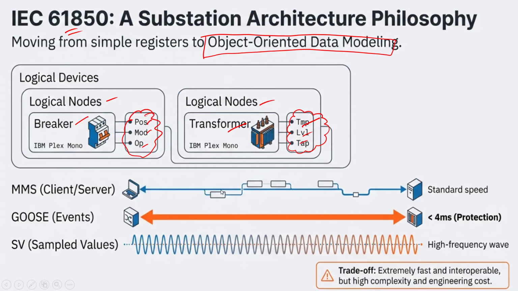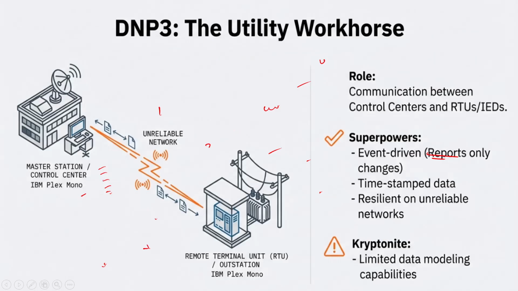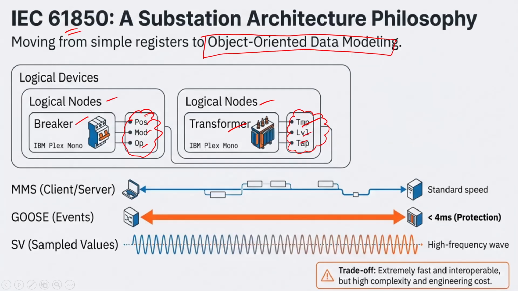DNP uses serial communication, whereas IEC 61850 is all about ethernet, right? So the speed will increase, and the data transfer will also increase. So this is one thing.